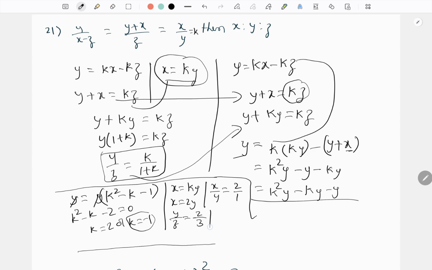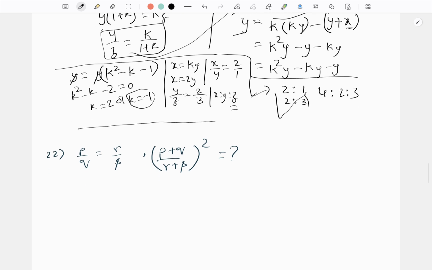Now x is to y is to z is equal to, we know that, see here I am doing 2 is to 1 to 2 is to 3. How to do? 4 to 3. 4 is to 2 is to 3. Okay.